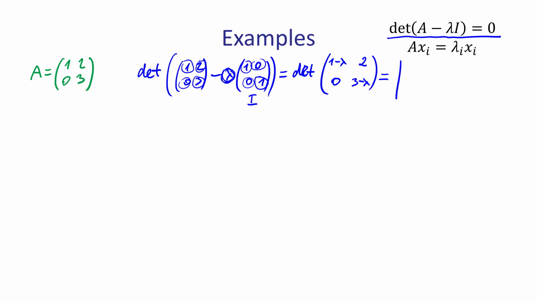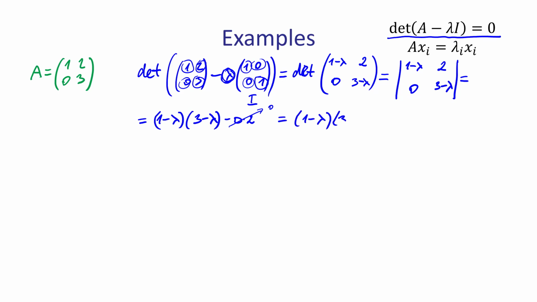So this is a determinant that we need to compute. And by definition, this determinant will be 1 minus lambda multiplied by 3 minus lambda, minus 0 multiplied by 2, which is just 0. So this is 1 minus lambda and 3 minus lambda. This one equals 0.